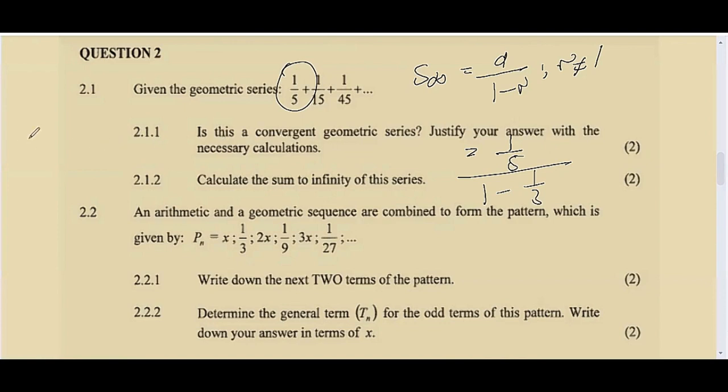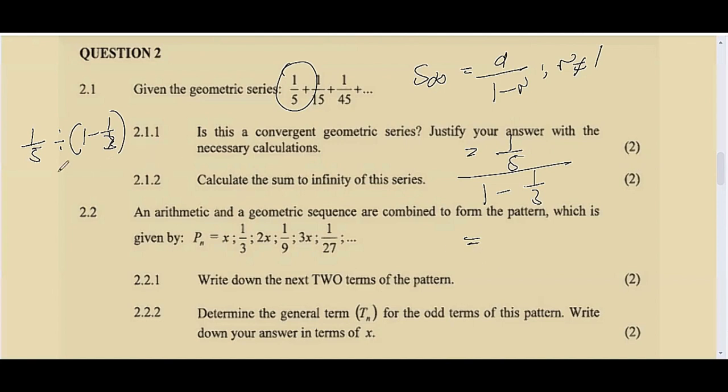What I prefer is you to just write 1 over 5, and then you just go divided by, in bracket, 1 minus 1 over 3. So this is quite simple to do, instead of just having to put fractions on top of fractions, which might be a bit complicated, and then if you don't punch your calculator very well, you might end up with an incorrect answer.